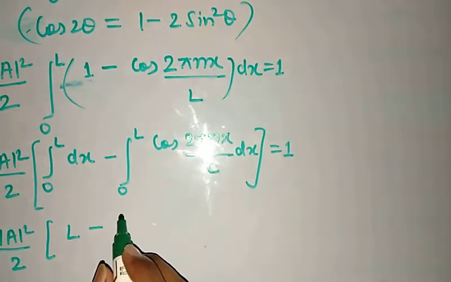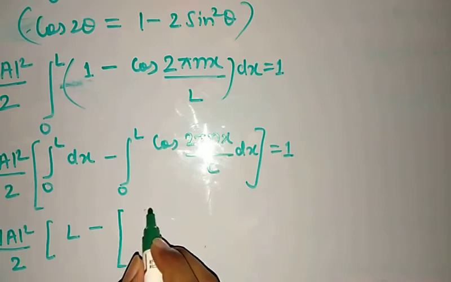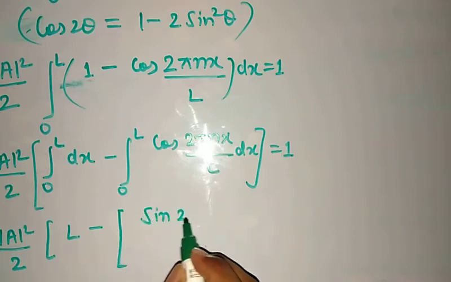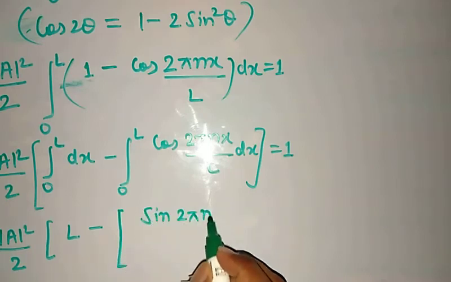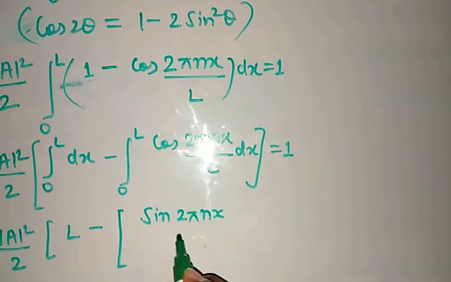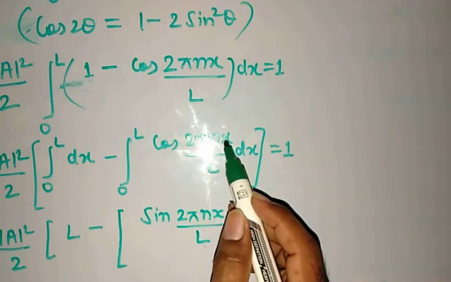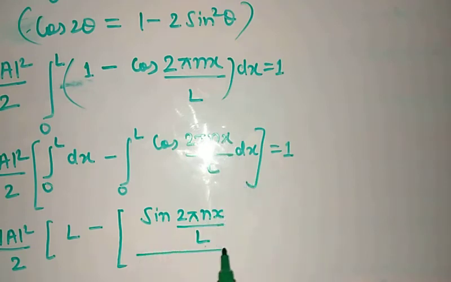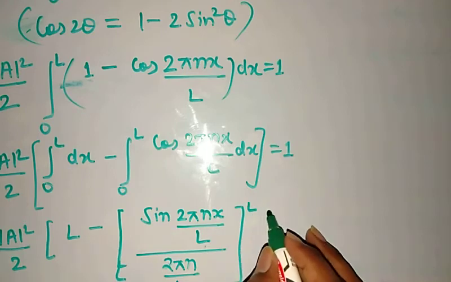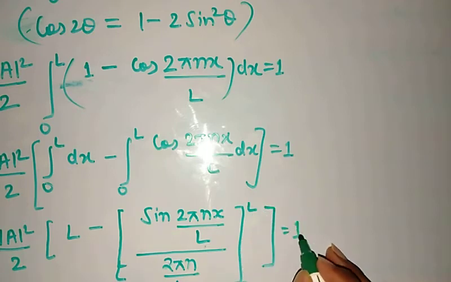Now integrating, so we get sin 2 pi n x by L, and again this one, this will be upon 2 pi n upon L. This is from 0 to L is equal to 1.